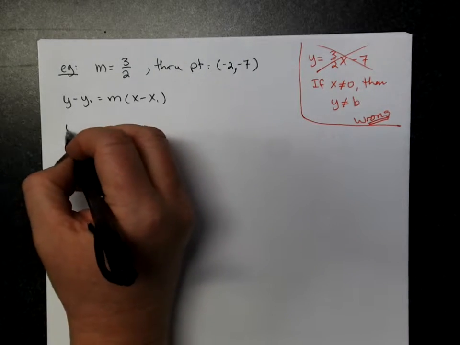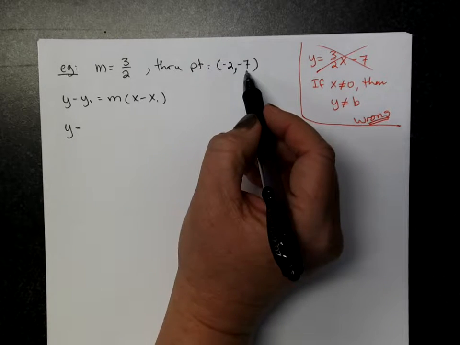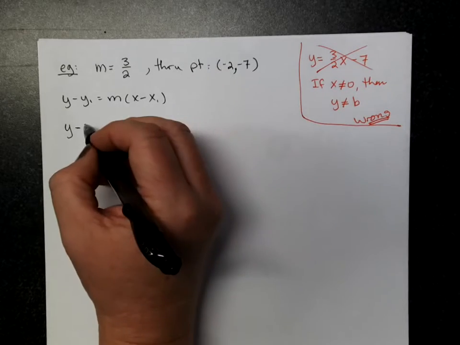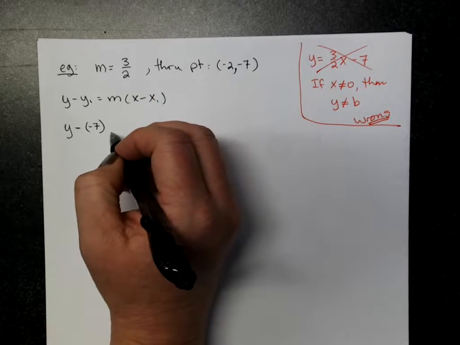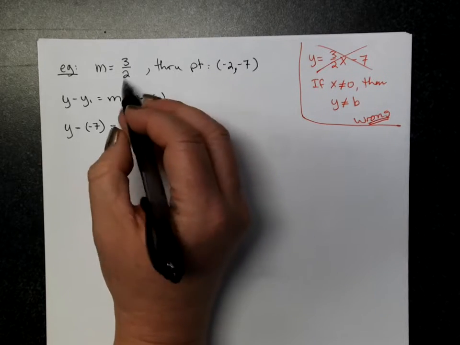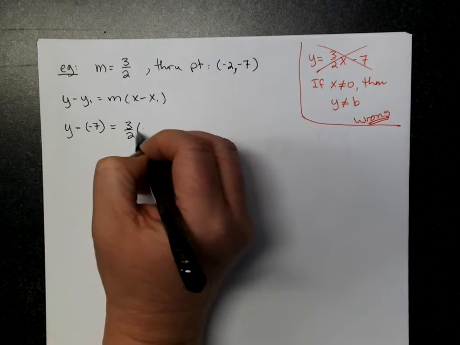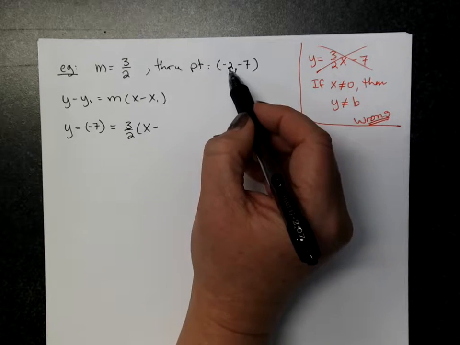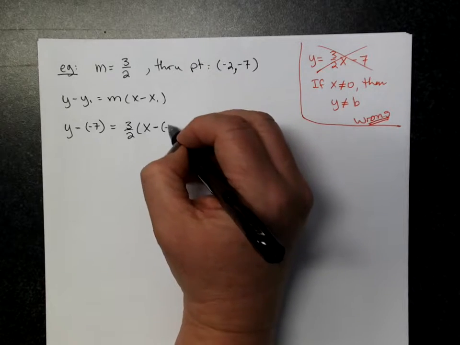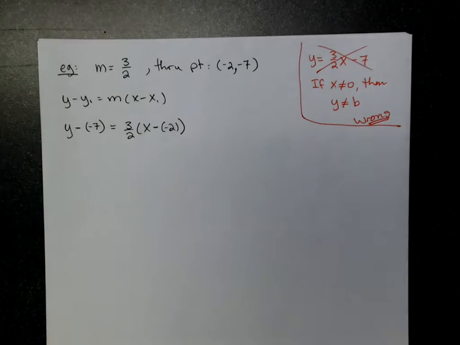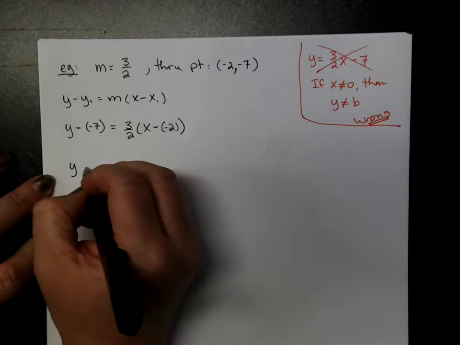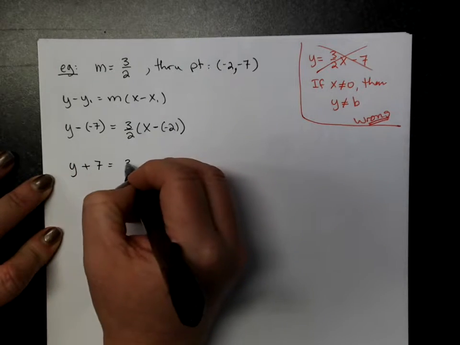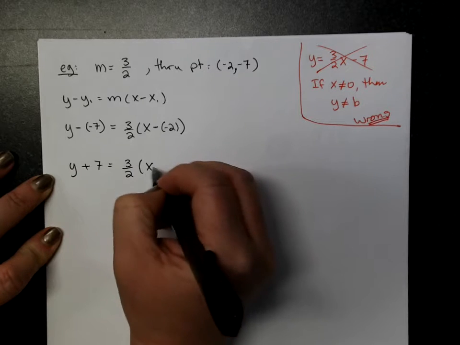So plug it in carefully. y minus my y coordinate, which is negative 7, so it's y minus negative 7. The formula includes subtraction. Equals my slope of 3/2 times x minus my x coordinate, which is negative 2, so it's x minus negative 2. So that is y plus 7 is equal to 3/2 times x plus 2.